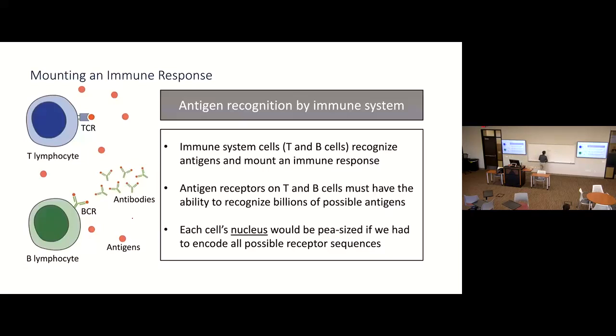So the idea is every T cell, B cell has receptors on the surface. For the T cell, it's TCR, T cell receptor. For the B cell, it's BCR. The BCR tries to respond to generate antibody, so B cells, and it depends on the antigen.